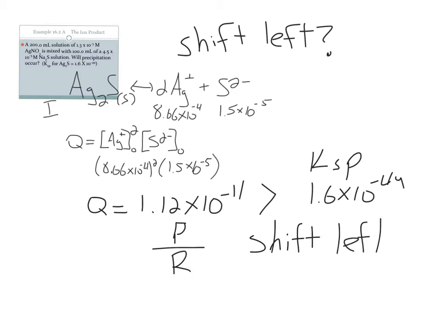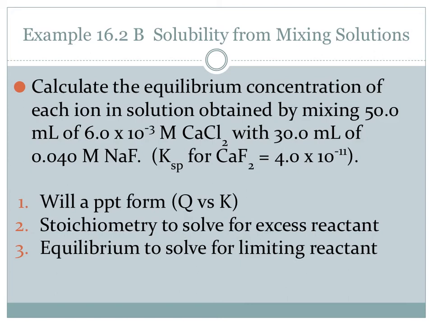So will a precipitate form? We say yes. That's all that means with precipitation: because my KSP is the solid on the left dissociating, any shift left is going to be a precipitate forming. So that's the extra piece we've added to this Q expression.